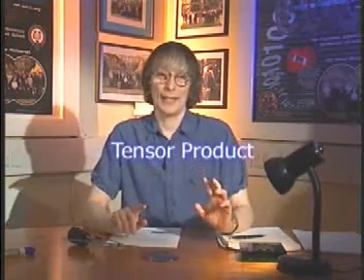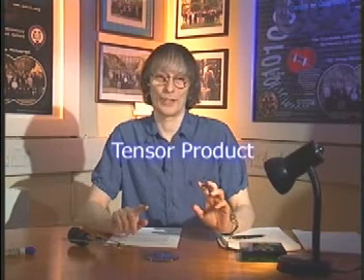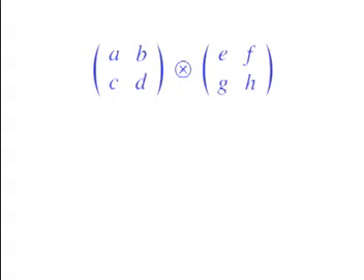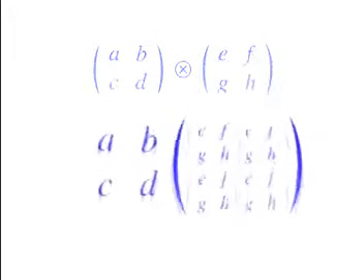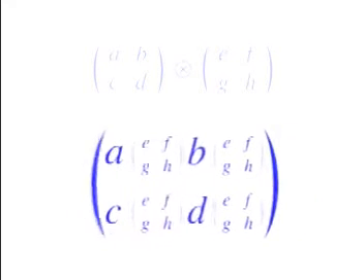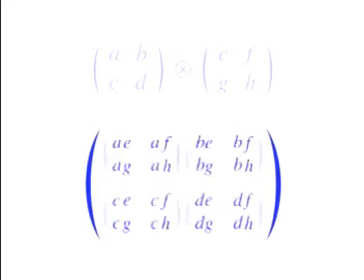The tensor product of 2 matrices of dimensions m and n is an mn dimensional matrix consisting of all possible products of pairs of elements, one from the first matrix and one from the second, like this. A, B, C, D with E, F, G, H is the 4 by 4 matrix, AE, AF, and so on.